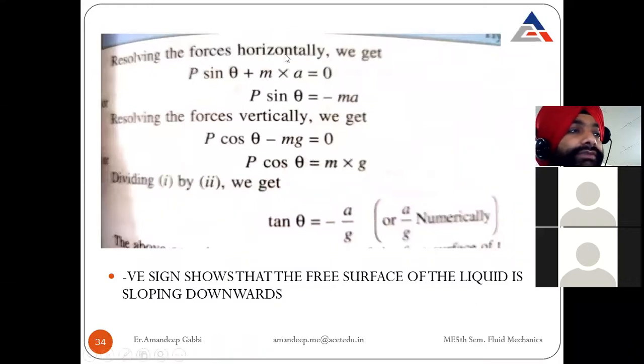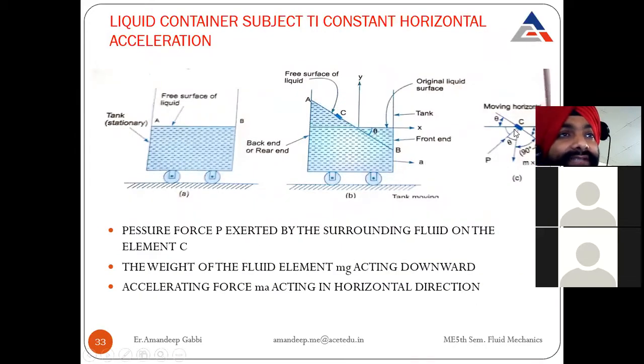Now resolving the forces horizontally. Now let us study this diagram. This is the element C that we have considered. Now mg is acting vertically downward, and this pressure force is acting inward.